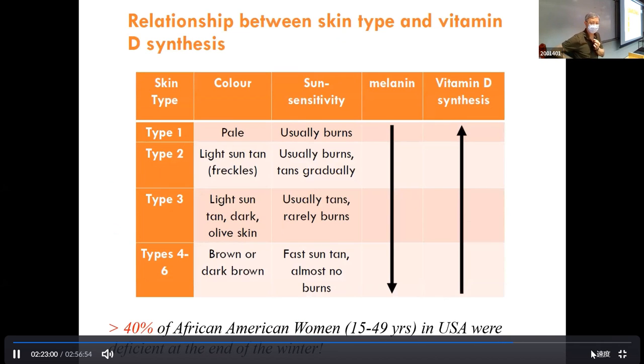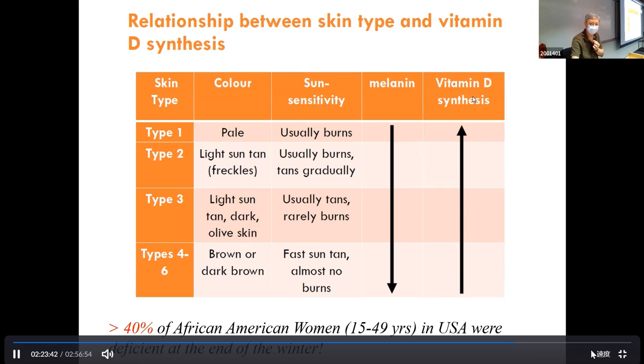So what you see here is, again, depending on your skin color, when you expose to the sun, you will have different degrees of tanning. If you have a pale skin color versus black people, which is much darker, then the degree of blocking of the ultraviolet radiation, and therefore vitamin D synthesis, will change.